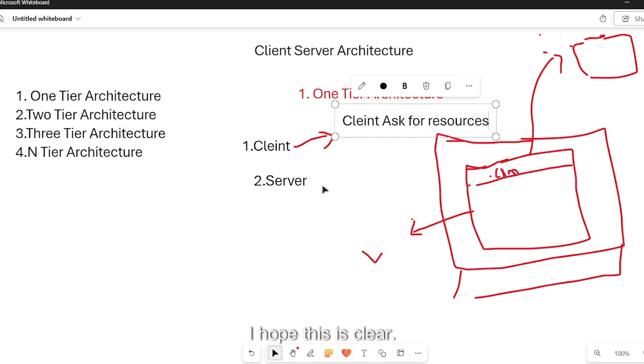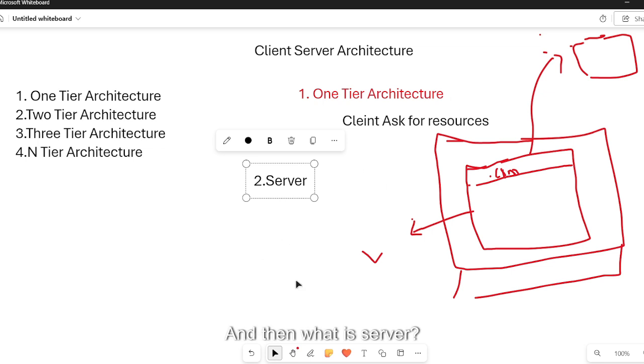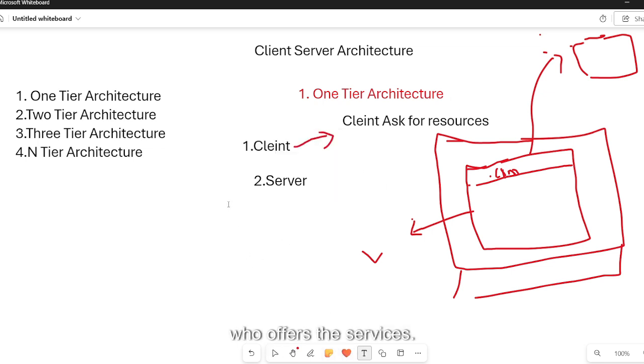I hope this is clear. And then what is a server? The server is the one who offers the services.